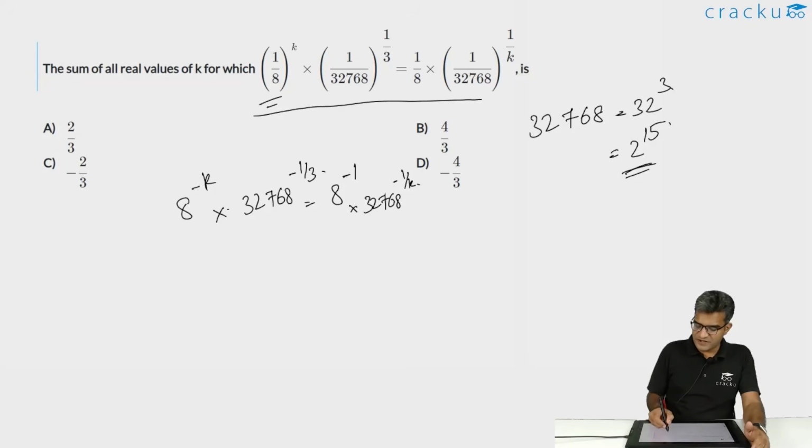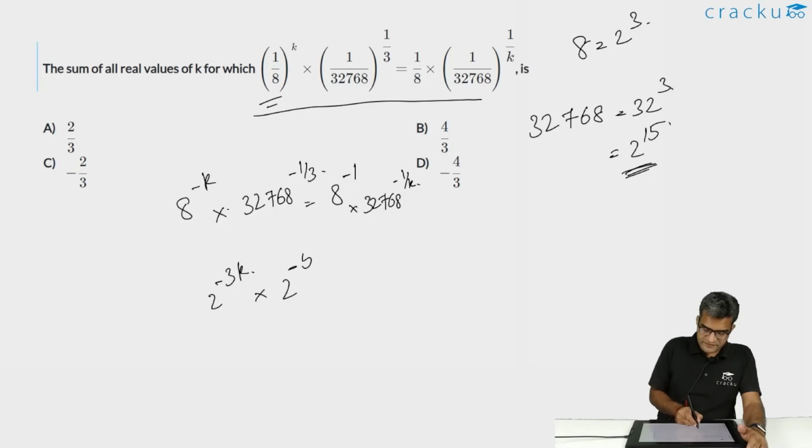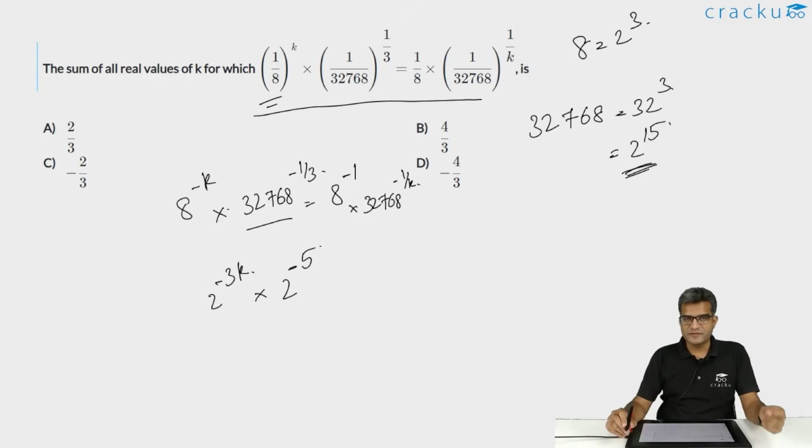Now let us substitute the value that 32,768 is 2 to the power 15 and 8 is 2 cube. Once we are substituting that, this is 2 to the power minus 3k, which is 8 to the power minus k, into 2 to the power minus 5, because 32,768 is 2 to the power 15.